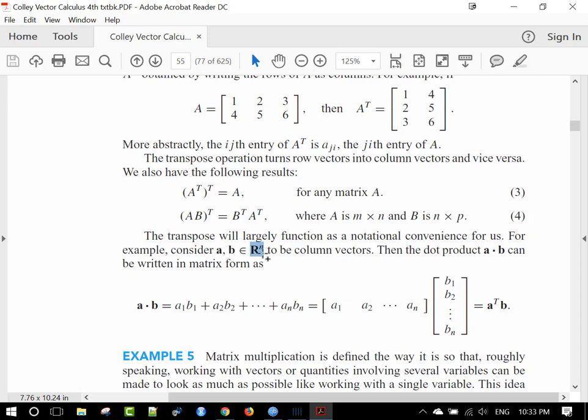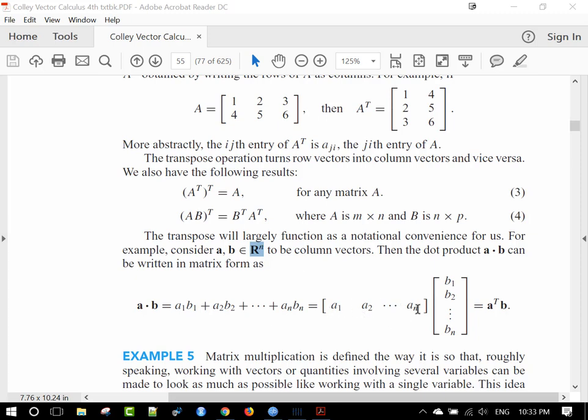But anyway, if A and B are in Rn, then the dot product we know, of course, is just this. But we could view that as this times this, right? Now we're talking about this as a matrix, and this as a matrix. But what is the result of this matrix times this matrix?